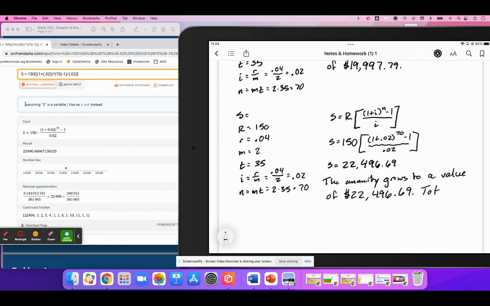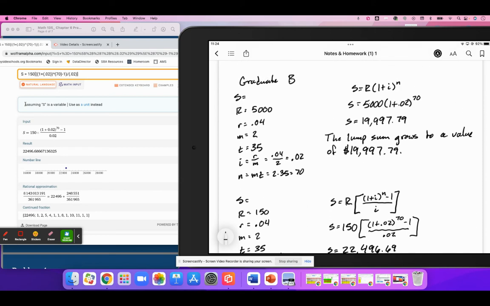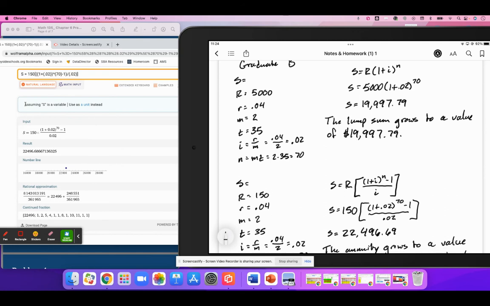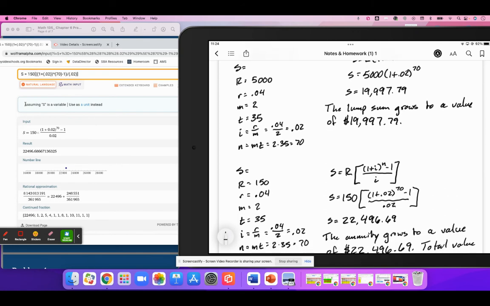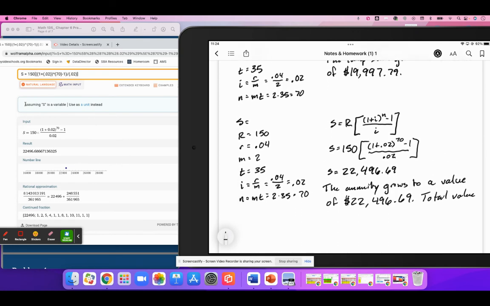Total value is going to be the compound interest, the $5,000 that grew to 19,000 and something, plus the 22,496. So total value is 19,997.79 plus 22,496.69.